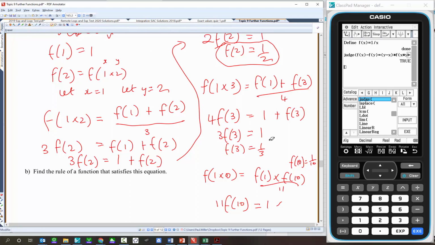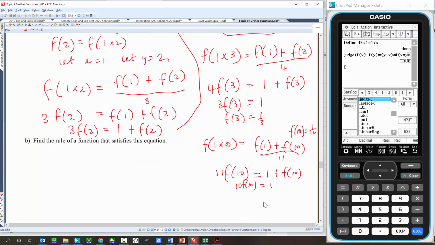Make sure you correct that in your notes. f of 1 plus f of 10, which is 1 plus f of 10. We're going to subtract f of 10, so we've got 10 f of 10 equals 1. f of 10 equals 1 on 10.